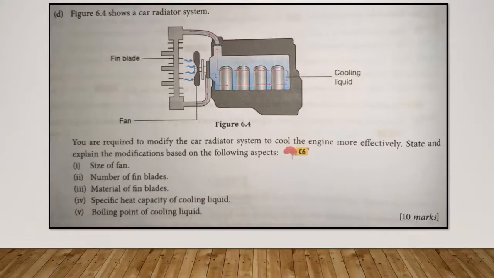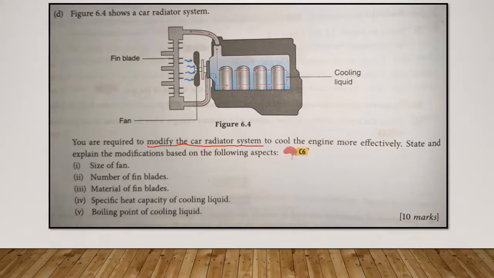Okay, this is one of the popular question for heat, especially for chapter heat. Okay, figure 6.4 show a car radiator system. You are required to modify the car radiator system to cool the engine more effectively.